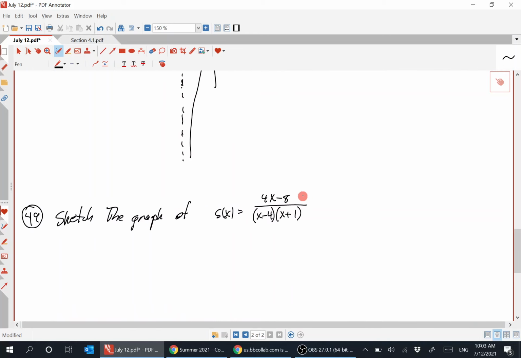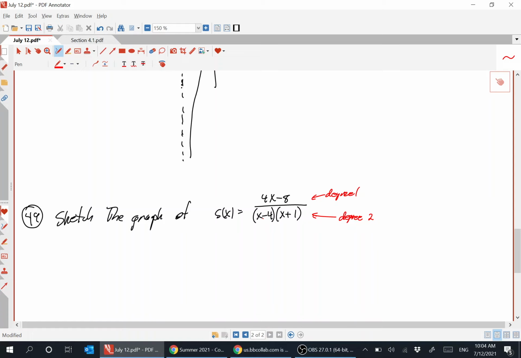All right, the degree on the top is 1, and the degree on the bottom is 2. Right, this is degree 1, that's degree 1. When you multiply them together, it becomes degree 2, because we'll have an x squared there. So the degree on the top is strictly less than the degree on the bottom.